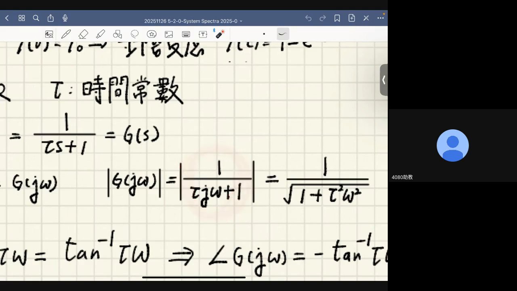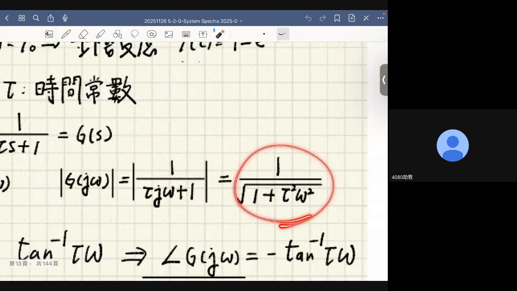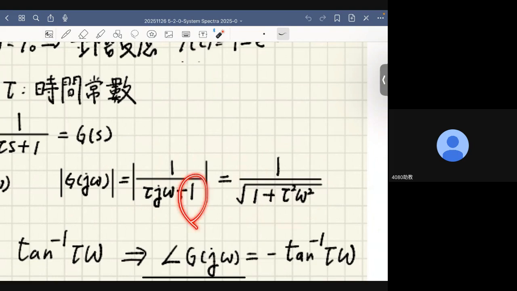Since I'm interested in the amplitude spectrum, I need to know the magnitude of this transfer function. The magnitude of this mathematical representation is actually this. We all know that the magnitude of a complex number is the square root of the sum of the square of the real part and the square of the imaginary part.